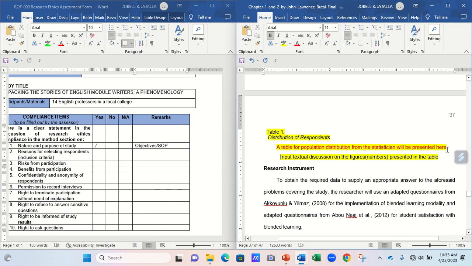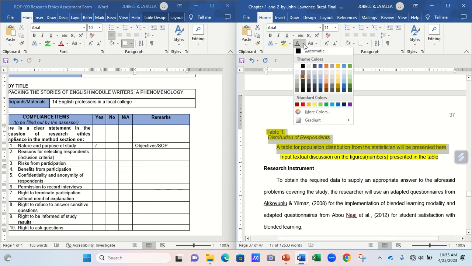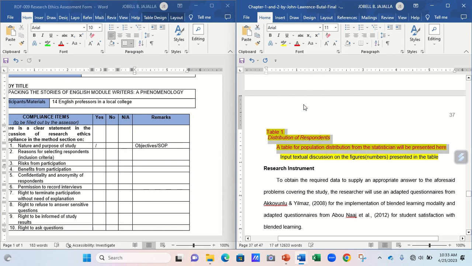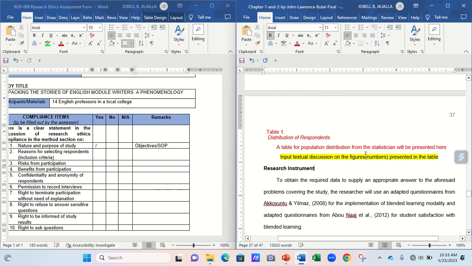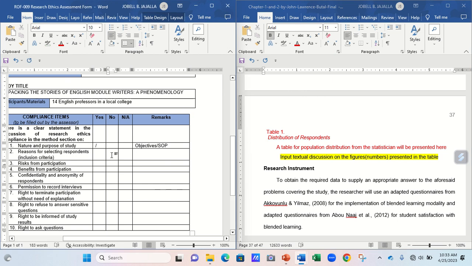So kani butangan lang nako ni siya og red diri kay wala man siya natuman ang kuan. Wala man siya natuman ang dapat na diri. All right, so after evaluating this part, so nalang tay kulang diri therefore no sa ta. Pero kung nana tong table diri okay na kaayo ni siya.